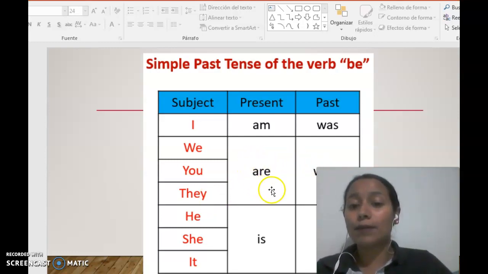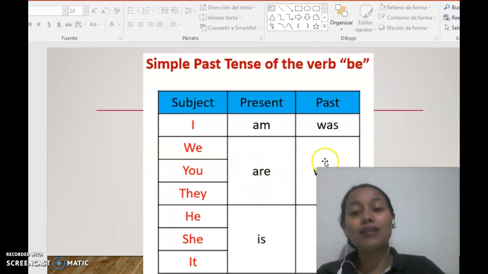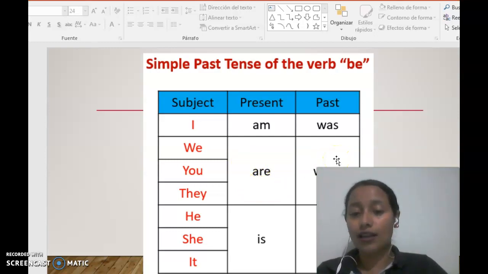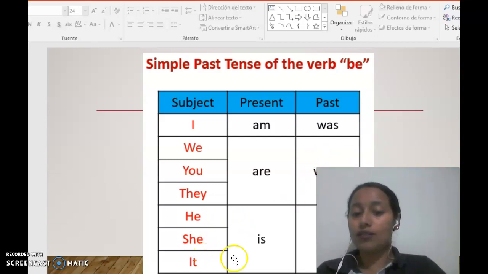La conjugación del presente del verbo to be es are, y el pasado, que en este caso es el que nos compete, es were. Y para he, she, it, tercera persona, vamos a utilizar el was. Esta tablita es solamente para recordarlo, porque este presente no lo vamos a usar, sino que vamos a tener en cuenta el pasado del verbo to be.